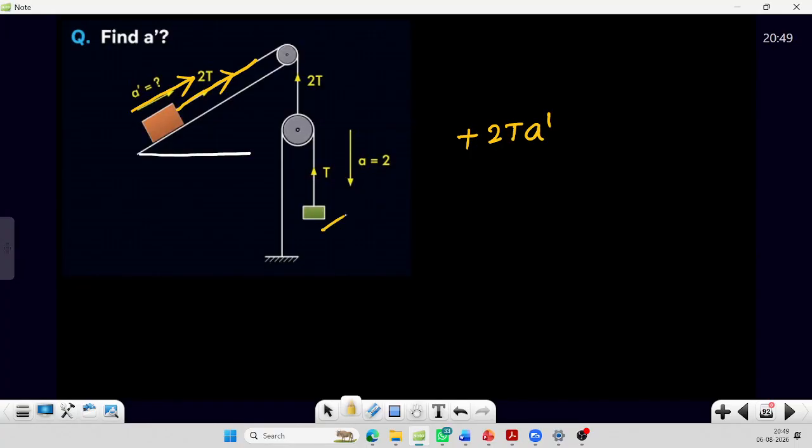Next come to this block. Yes, minus T into 2, this value 2, which is equal to 0. That's it, T value cancels. So how much is the A dash value? Which is equal to 1.